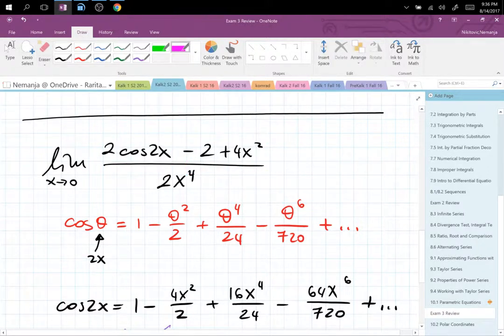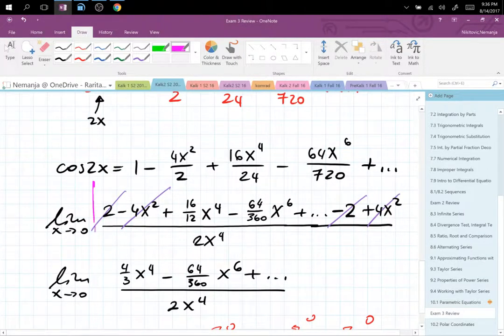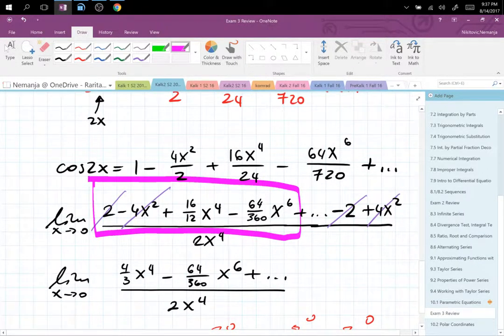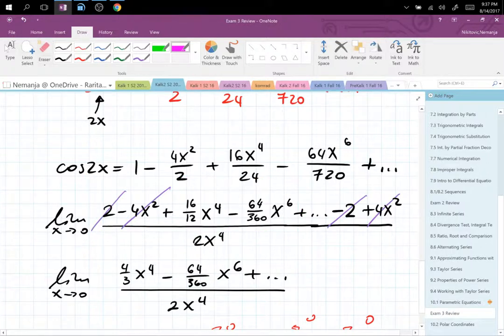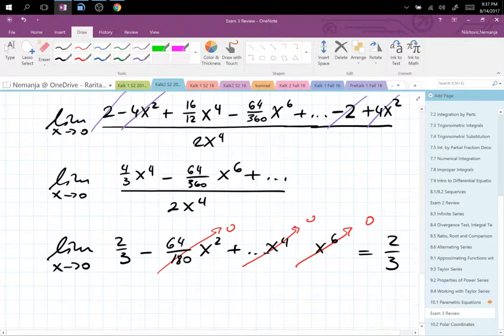So I plugged in the cosine series, multiplied by 2, these second two terms cancel, and then you divide by the denominator, and you realize that every next term goes to 0 because x goes to 0. So power series are extremely cool. We get 2/3 as the answer, and that's it.